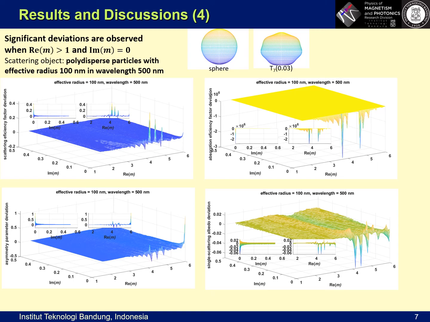We also found that significant deviations are observed when the real part of refractive index is larger than 1 and imaginary part of refractive index is equal to 0. In this calculation, we use polydispersed particles as the scattering object.